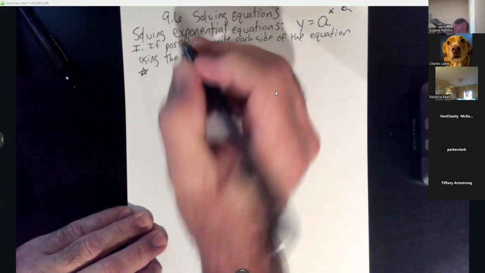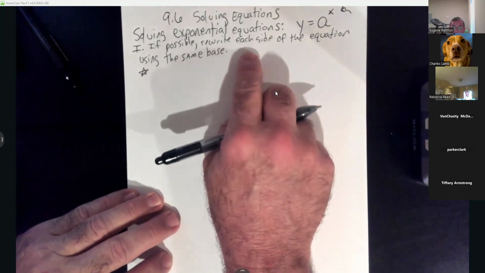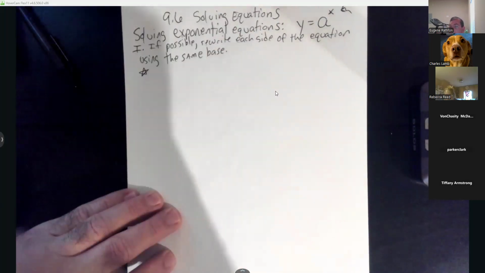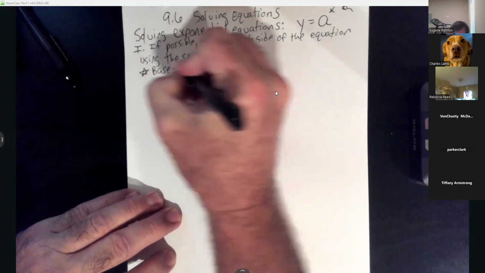Now, the reason I would like to get each side written with the same base is because I can then invoke what we call the base exponent property.